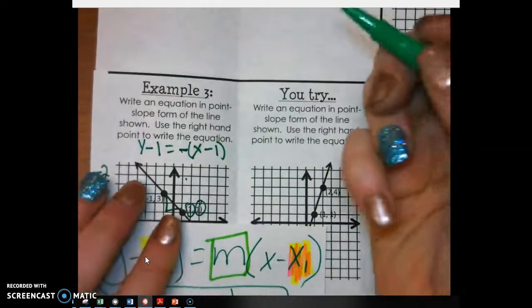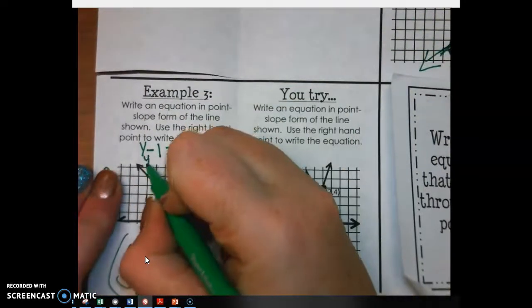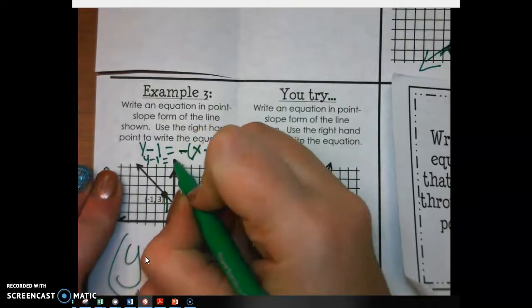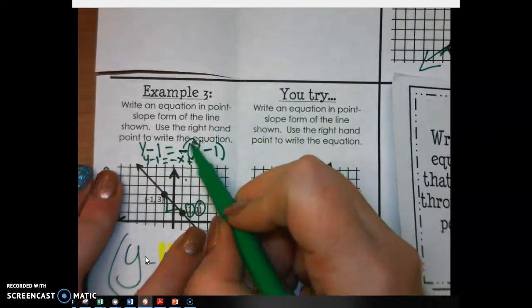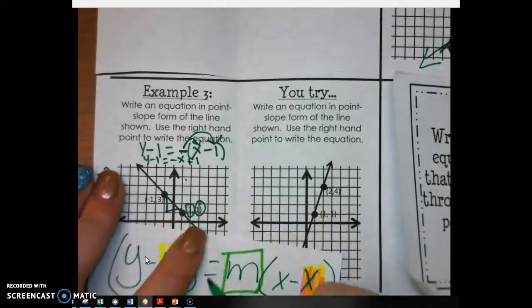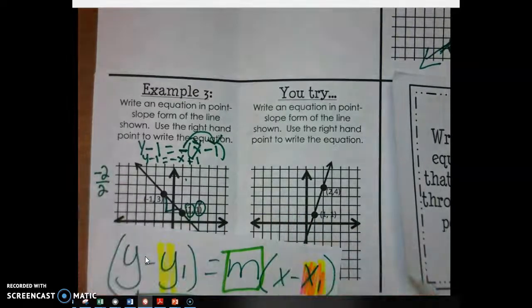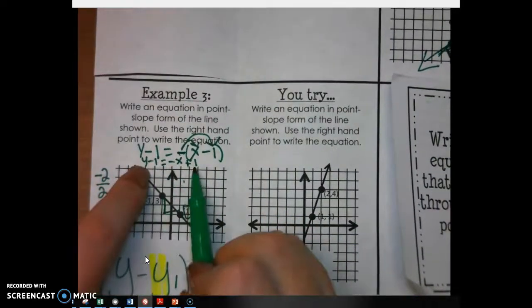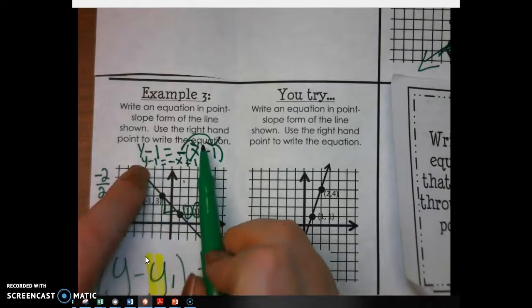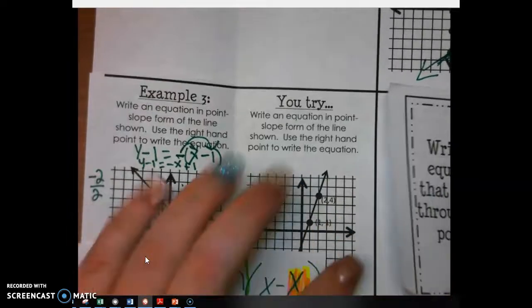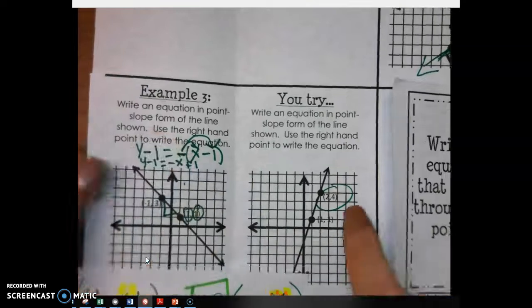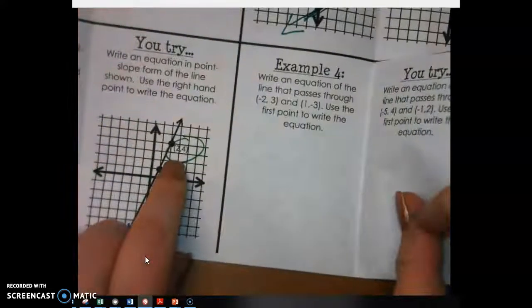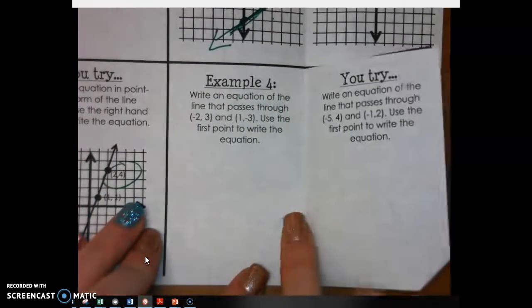Now, if I want to get really, really fancy, I can rewrite this as negative x plus 1, because when I distribute, it changes the sign of each of those. Be super smart. This is also okay. You try it. And I want you to use that point right there, the one with the circle. Use that one.